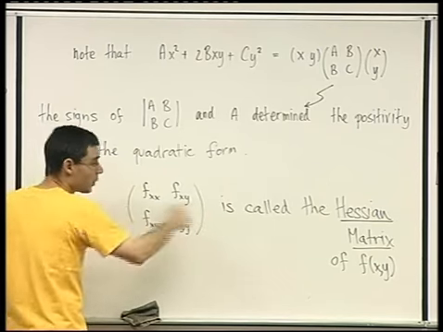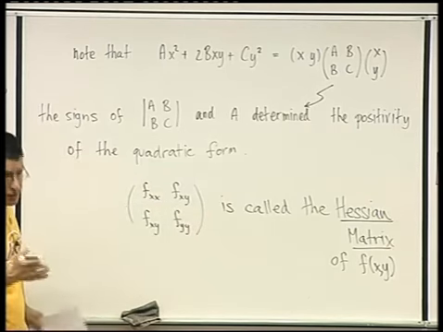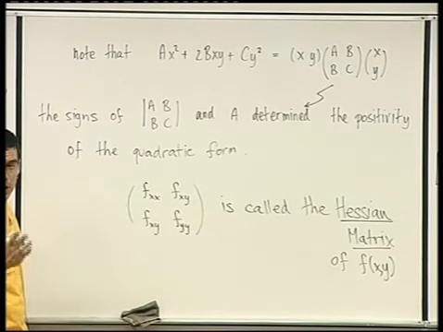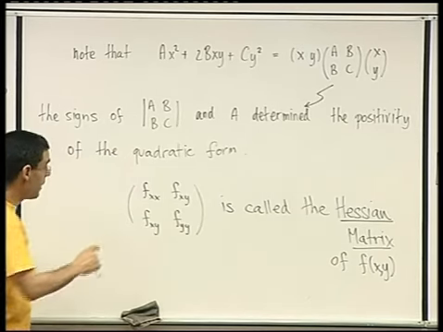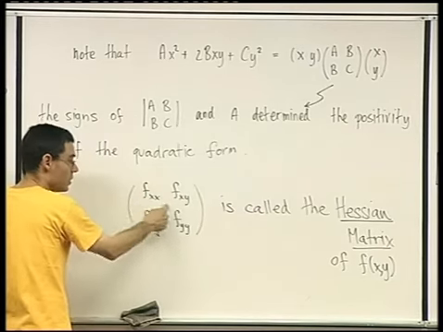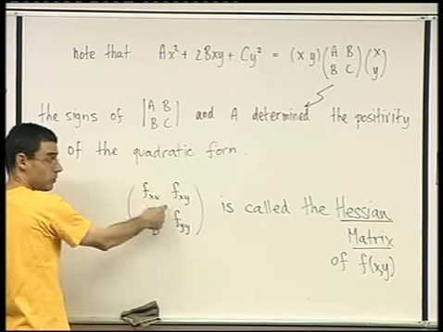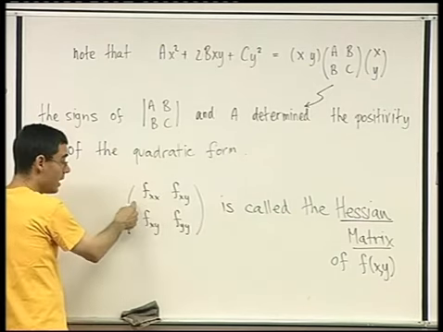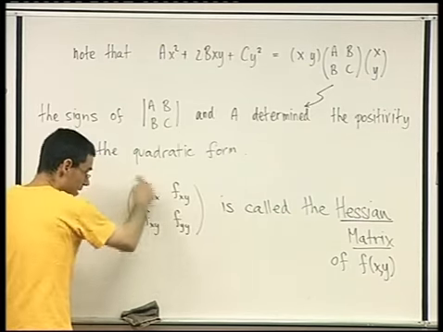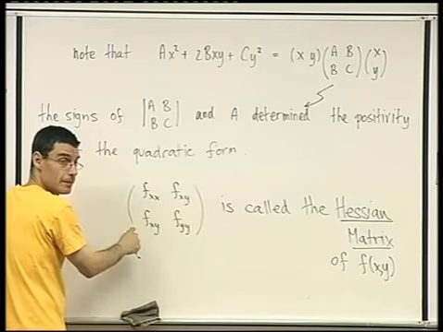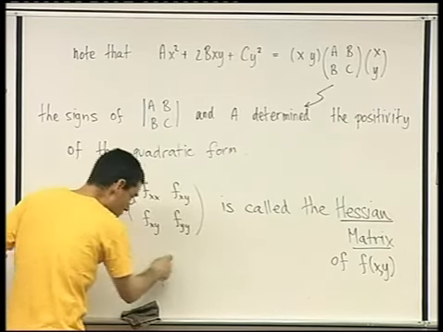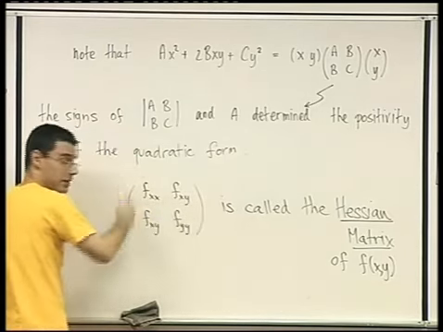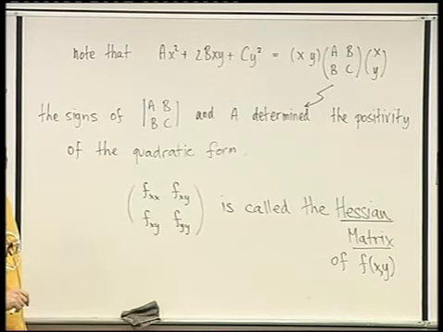So what's going to determine its positivity, and that's a theorem, it's called Sylvester's theorem, and we're not going to get into it, is the sign of A, which is just this determinant, right? This is A. The sign of the 2 by 2 determinant. And if it's a 3 by 3 matrix, you have to look at the 3 by 3 determinant as well. Okay? Clear?